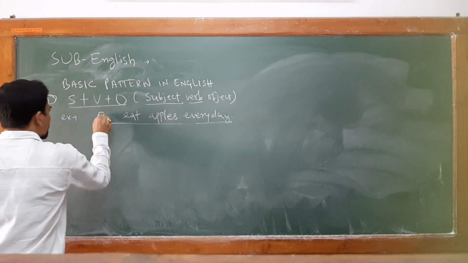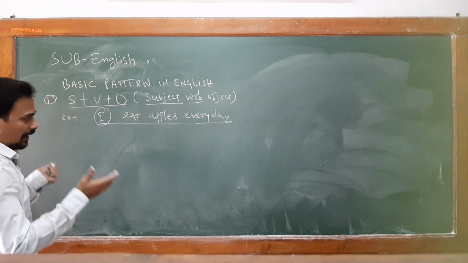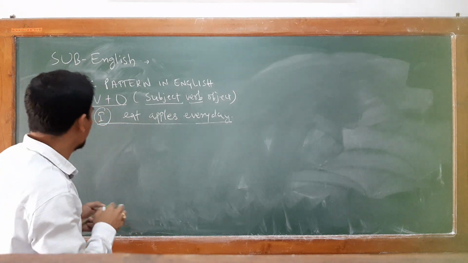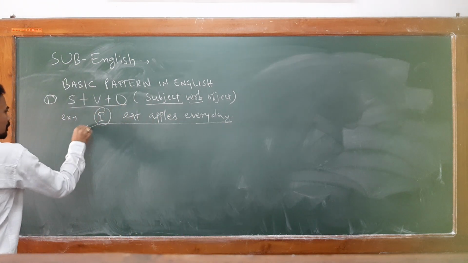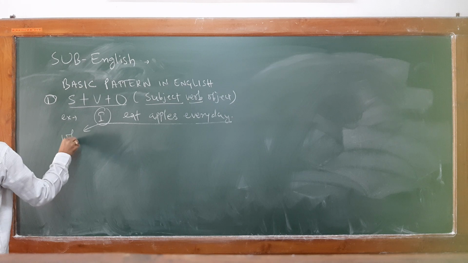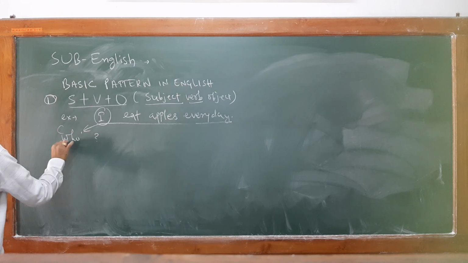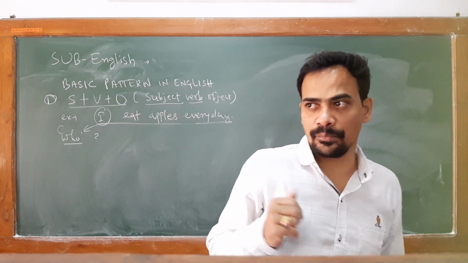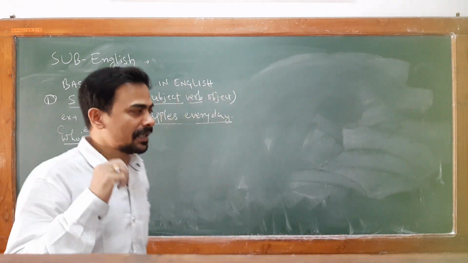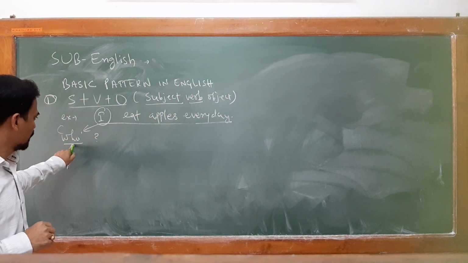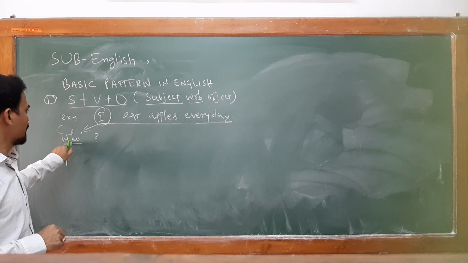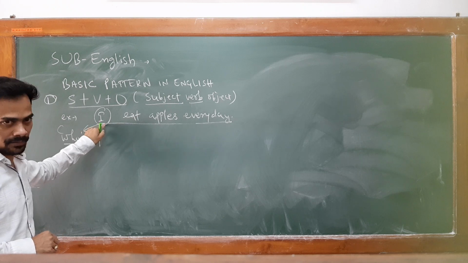Obviously, students can identify I as the subject, but there is a basic trick to identify your subject: whenever you use the WH word who and ask the question, automatically your subject will come. You make a question, and the answer part will become your subject.